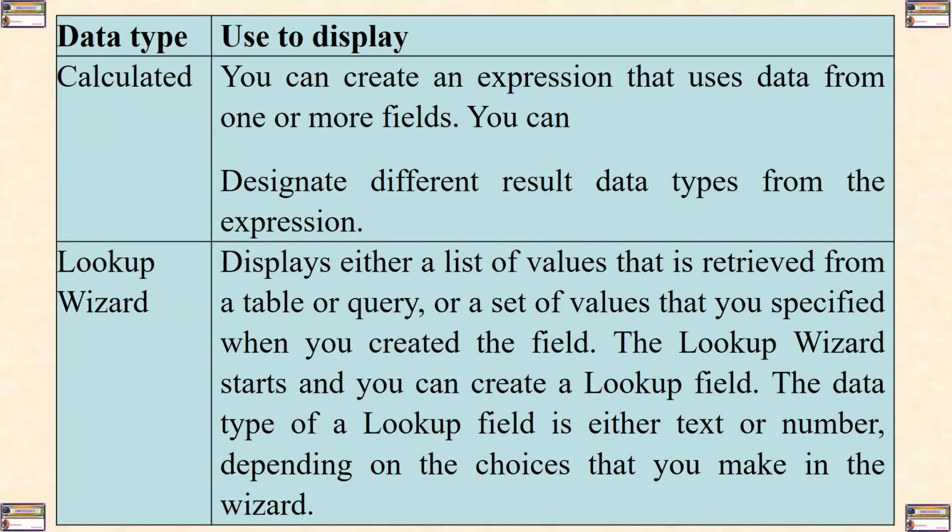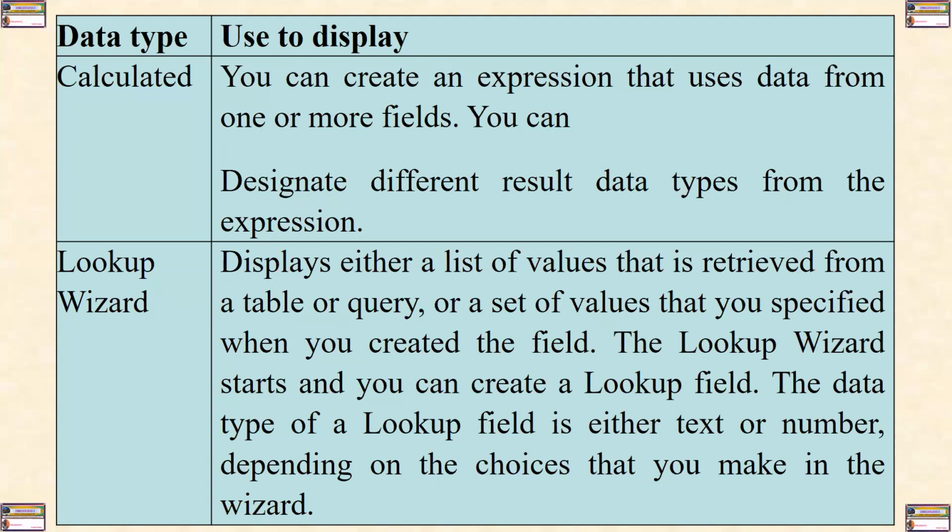So in certain situations, you may also want to create a field that is referred to as calculated. In this case, you select the data type called calculated. You can create an expression that uses data from one or more fields. You can designate different result data types from the expression.